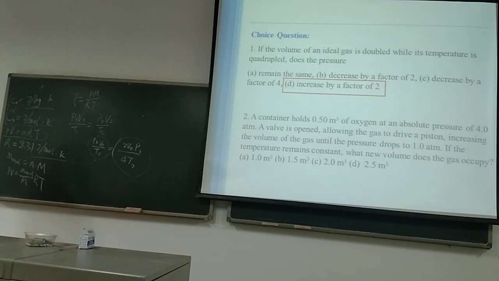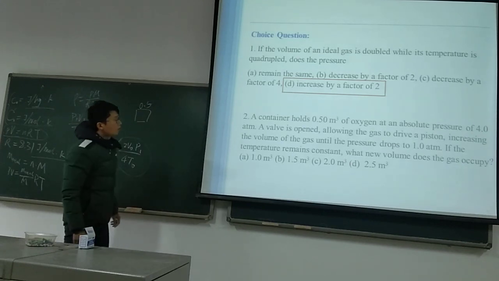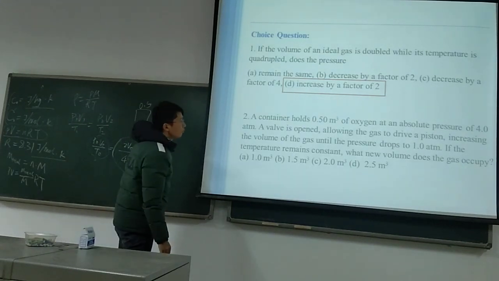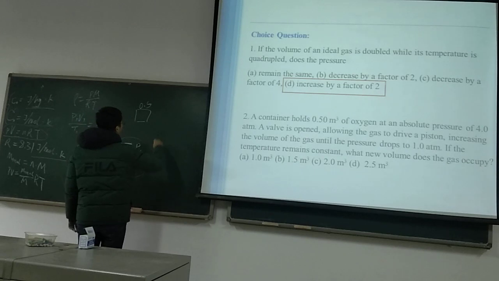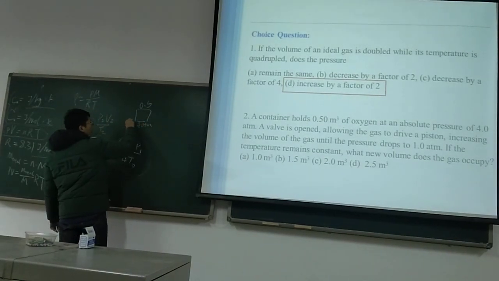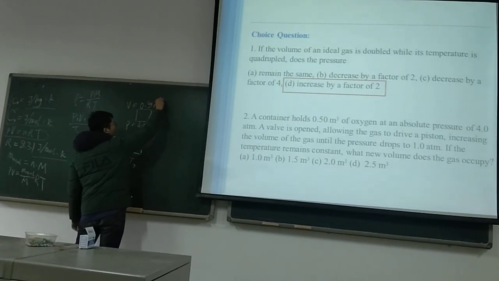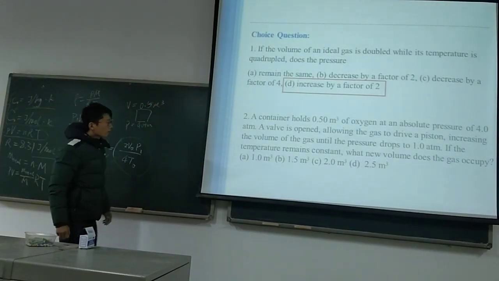If the temperature remains constant, what new volume does the gas occupy? Okay, we can draw it. It holds 0.5 cubic meters of oxygen at an absolute pressure of 4 atm. That is the pressure, and 0.5 cubic meters is the volume.